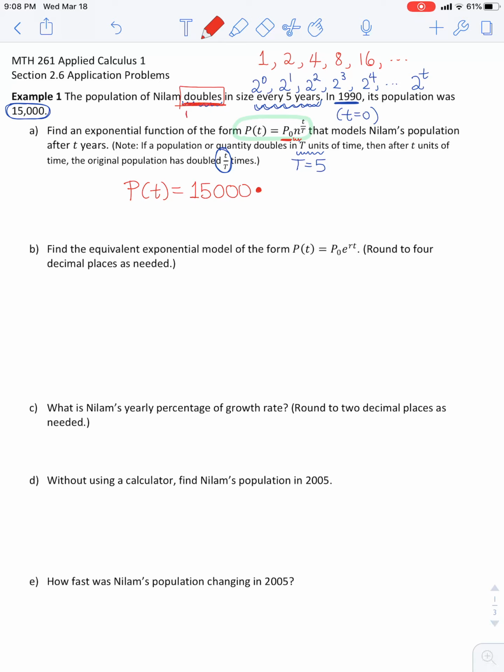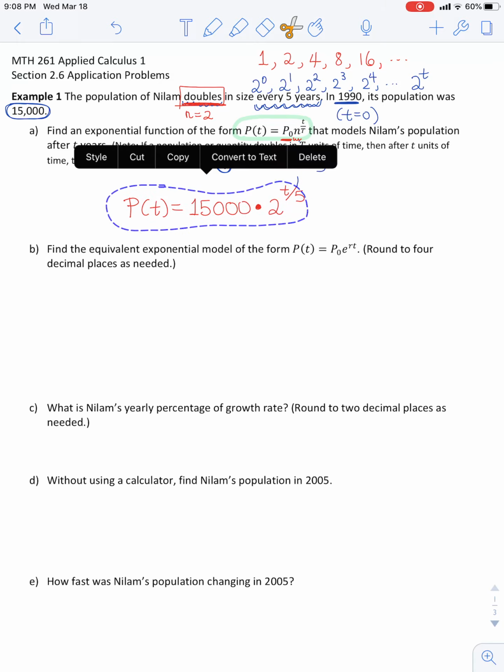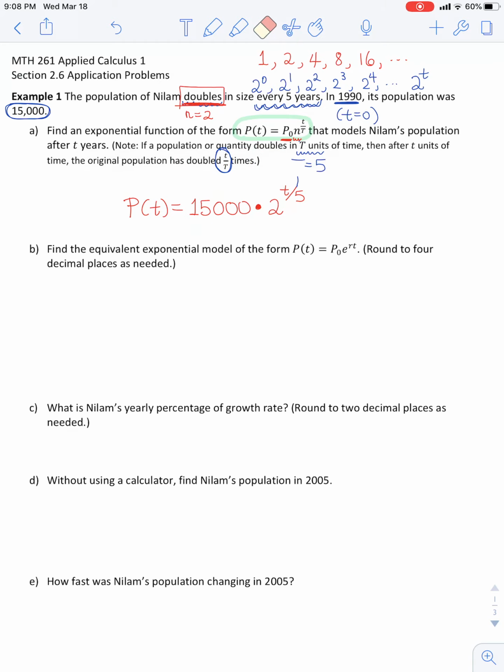This is doubling every time, so little n is 2, raised to the little t, which is the input, over big T, which is how long it takes for this population to double. That will be the equation that they want, and that's my answer for part A. Okay, all right.